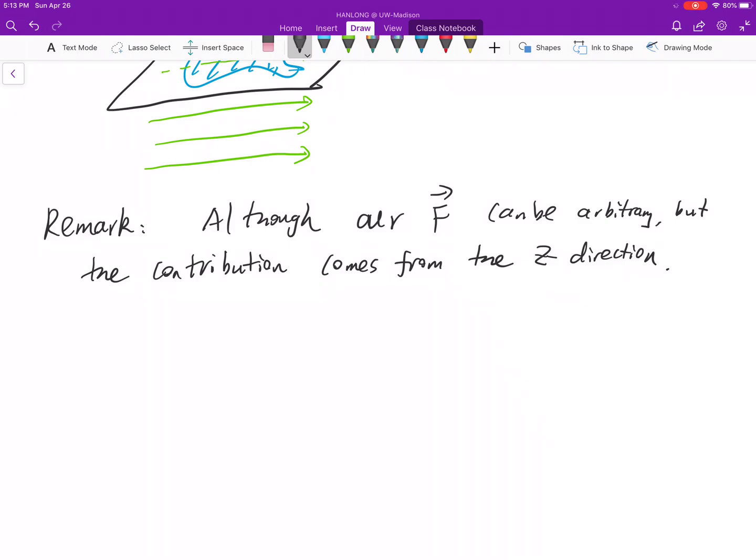So what is the z direction? The z direction is just the normal direction of the xy plane.